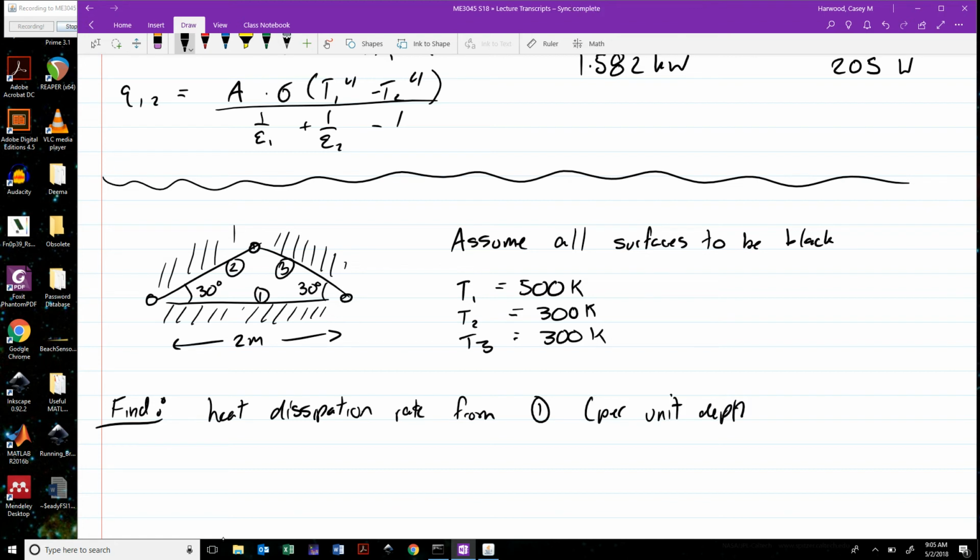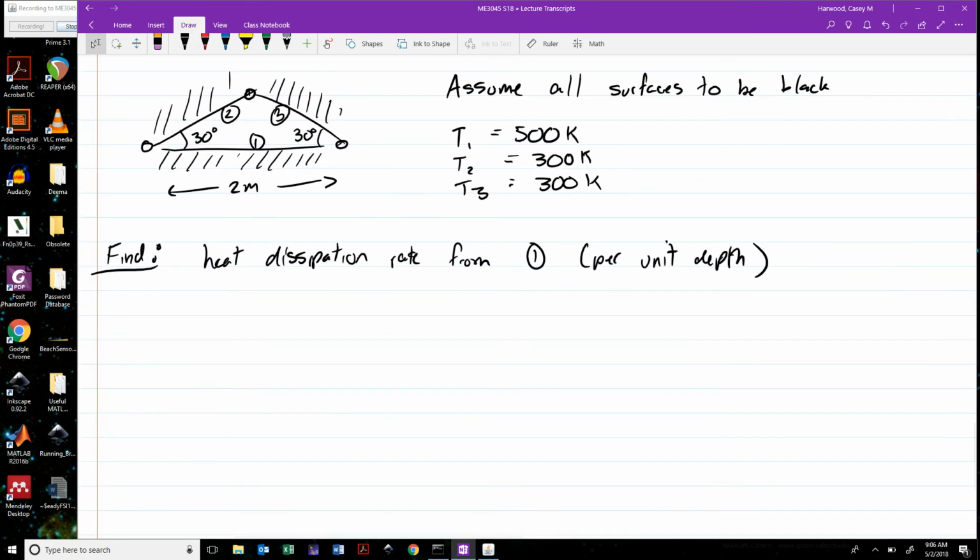That is, this is a two-dimensional sketch, and we've given you the width, but per unit depth into the page. So as with most of the problems we've worked, we're going to start out with our energy balance. So set up our surface energy balance, like so.